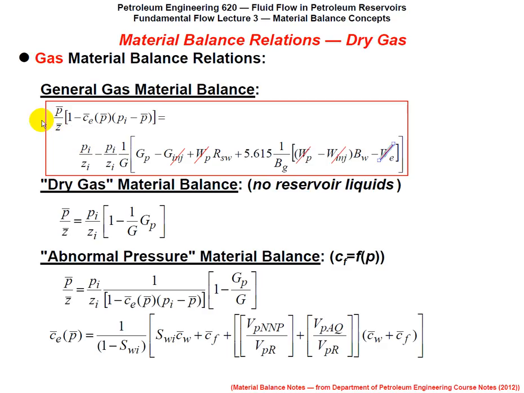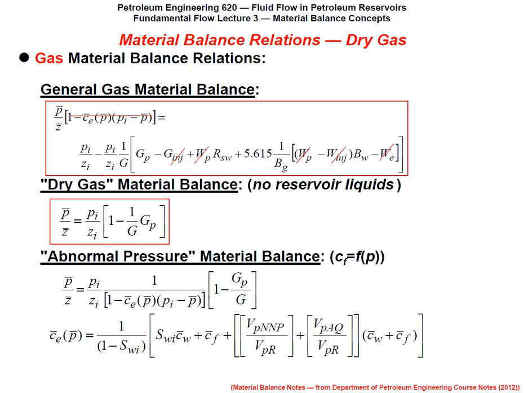Then they all die off. And then if you decide you also want to kill the abnormal pressure term, or what we call the rock and fluid expansion term, it's here. You do that, you get the simplified equation here.